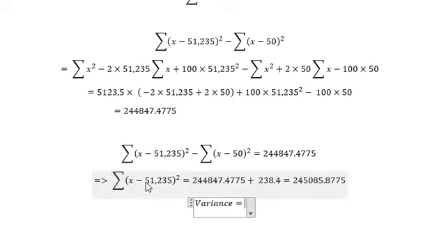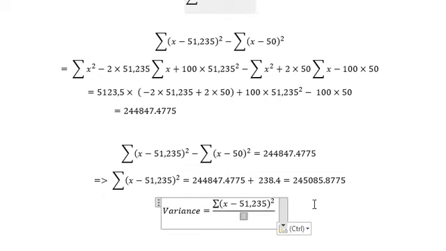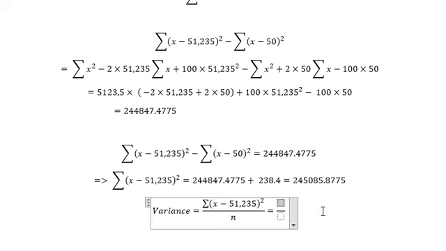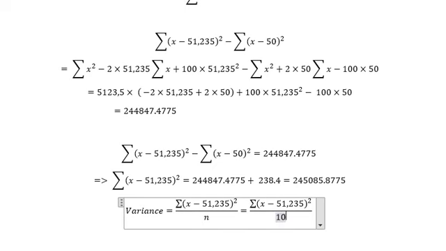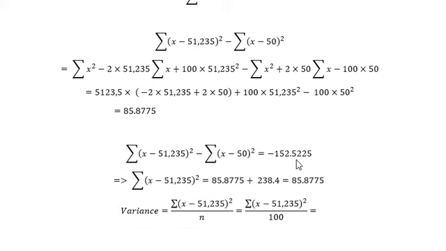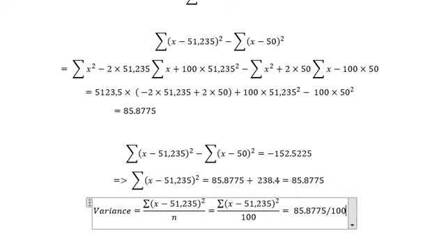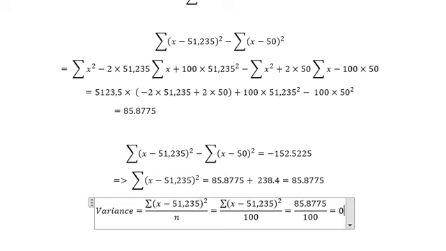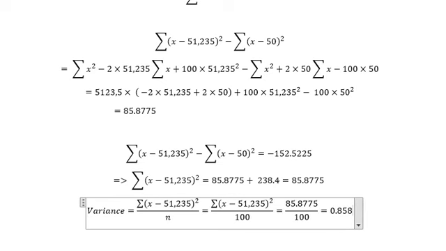The variance is this number divided by n, so we have this number divided by 100. Sorry about that, I forgot the power of 2 in here, I just added the number. So now we use this number divided by 100, and we got the variance of about 0.858775.